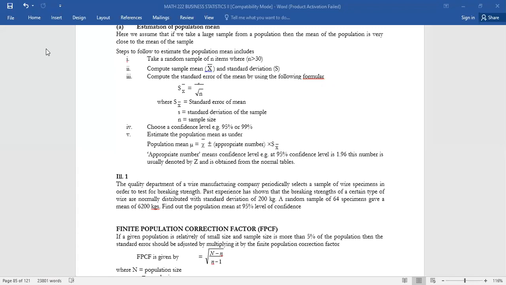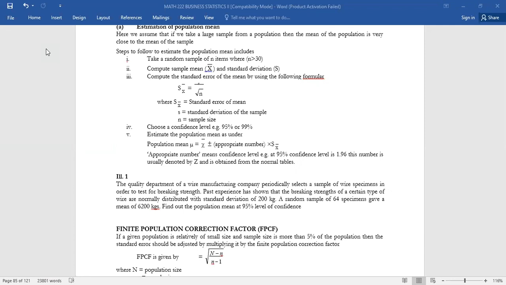So with that, can we get the population mean? Our population mean will be the sample mean, plus or minus the degree of confidence multiplied by the standard error that we have obtained. So what will be our population mean? At 95% confidence level, we work with plus or minus 1.96.